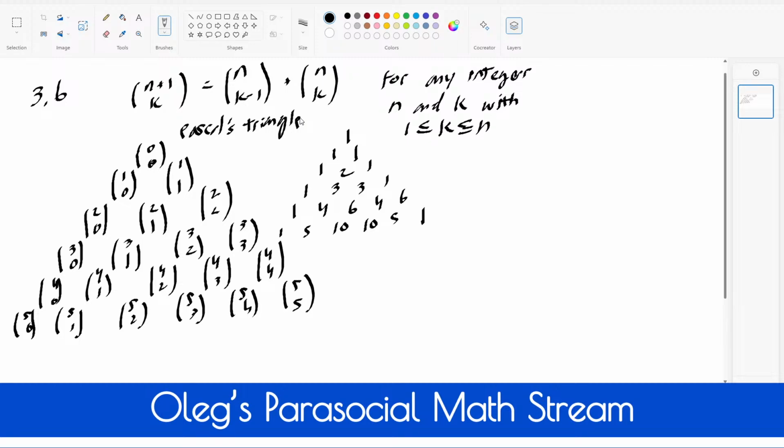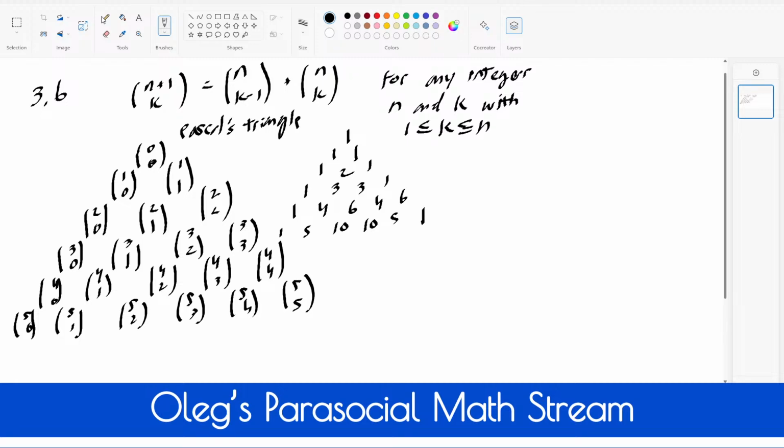Any number n plus 1 choose k, for k greater than 0 and less than n, in this pyramid is just below and between the two numbers above it. So this outer row is referred to as n choose k minus 1, and the other one is n choose k in the previous row.